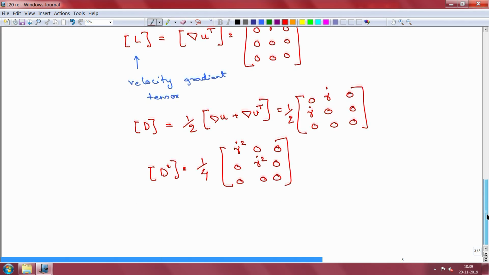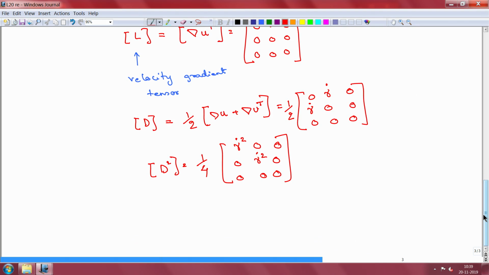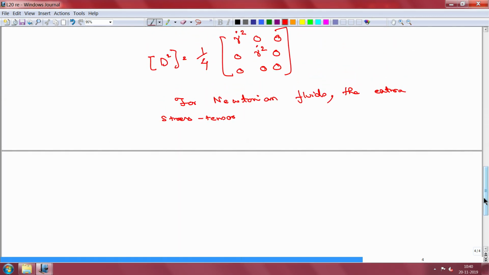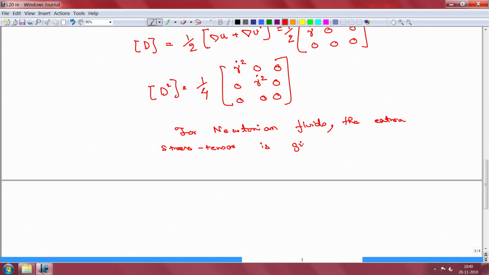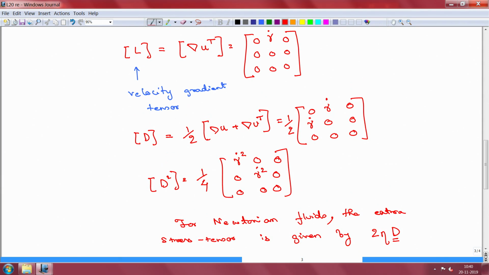But the important point I want to make is that we saw that for the Newtonian case, the extra stress tensor for Newtonian fluids is given by 2 eta times D. So here you can look at the form of this matrix, and you see that all these terms are 0.